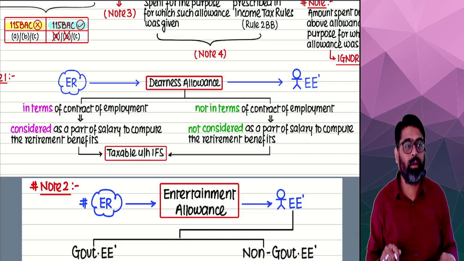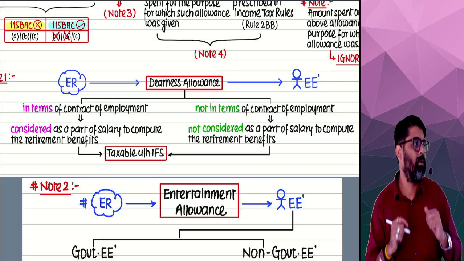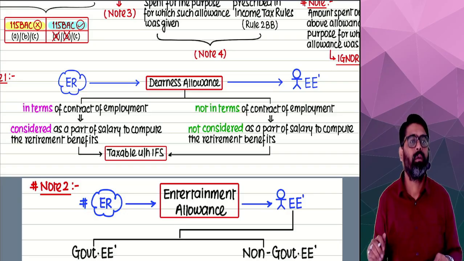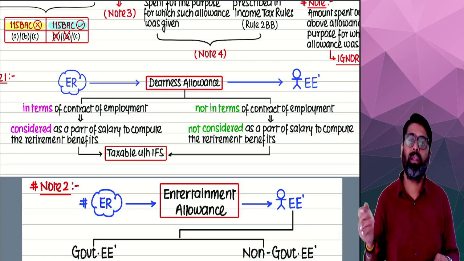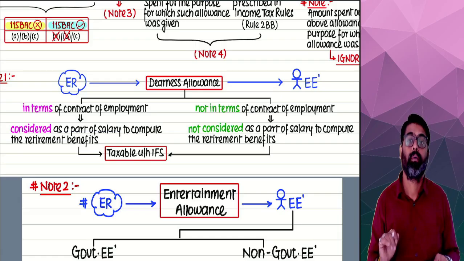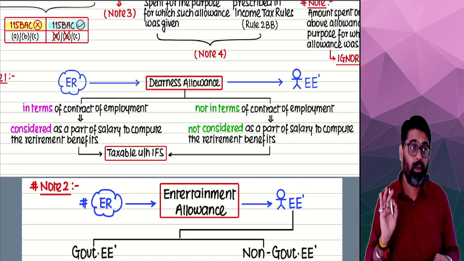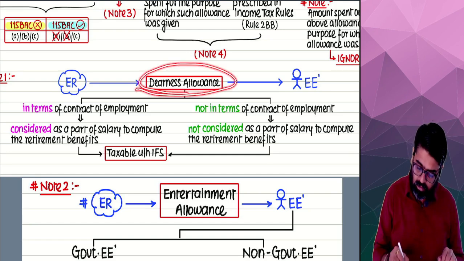Or they will say DA forming part of salary for retirement benefits. That is DA in terms, taxable. Or they can say DA not used for retirement benefits, DA not in terms. Or DA not forming part of salary, not forming for retirement benefits, DA not in terms. Will you identify this or no? So this was the discussion of DA.